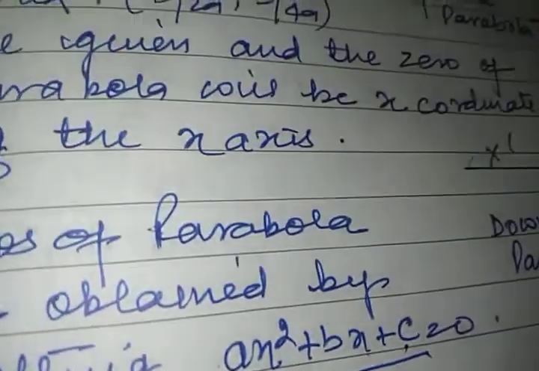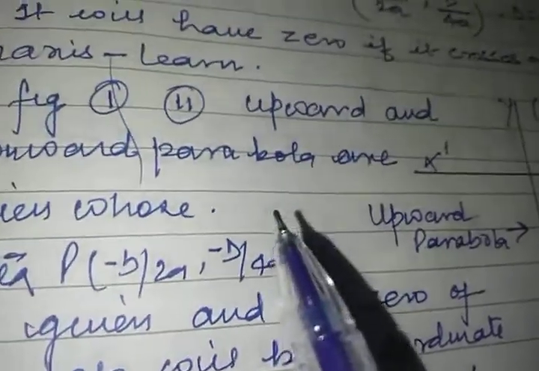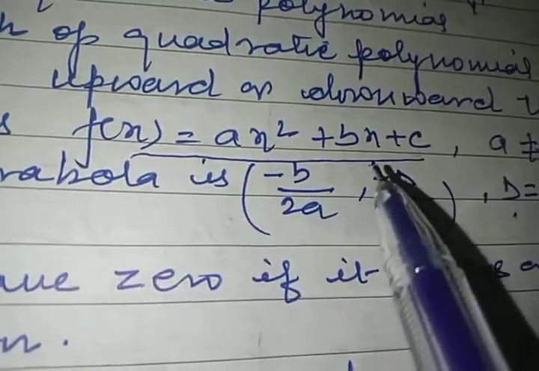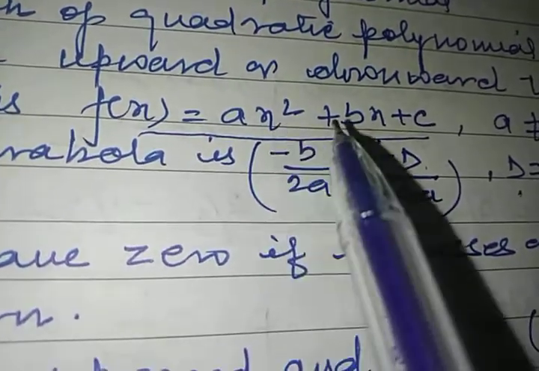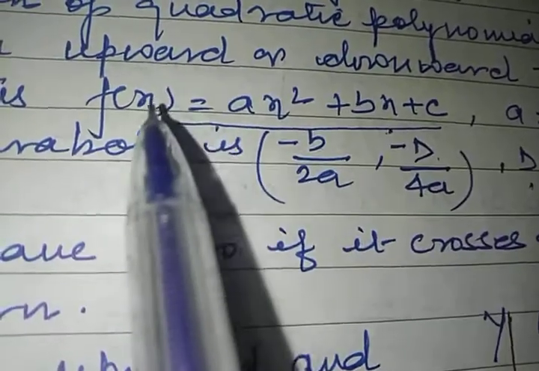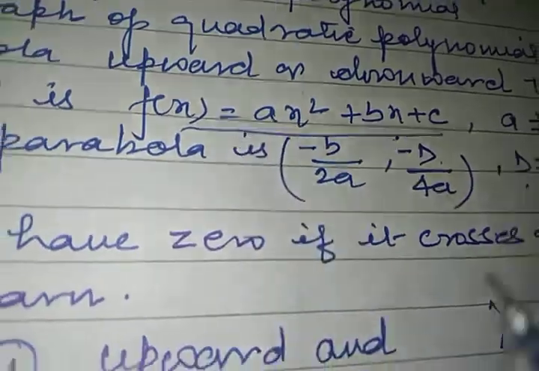So this is a polynomial in x. That's why we write f(x) is equal to ax square plus bx plus c. If it was y square plus by plus c, we would have written y here.